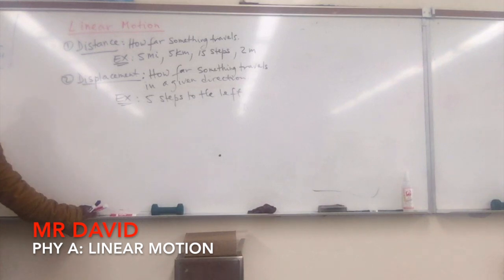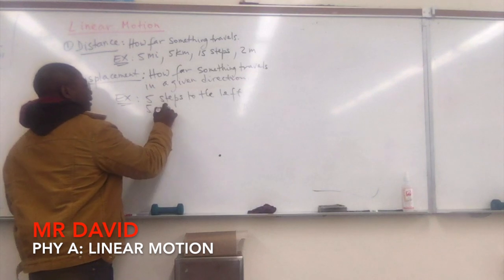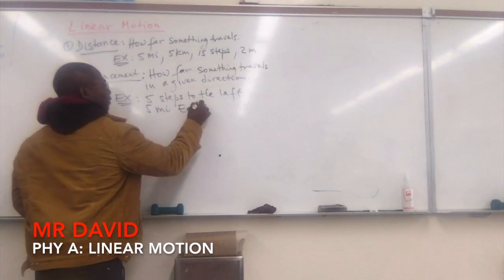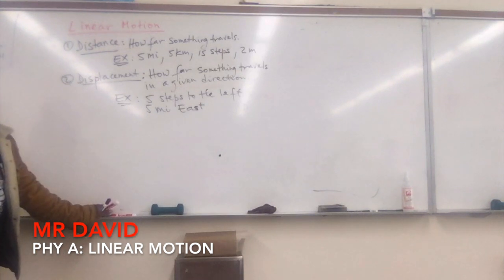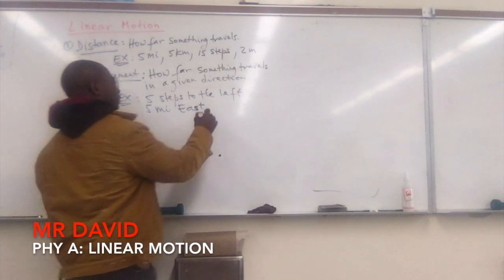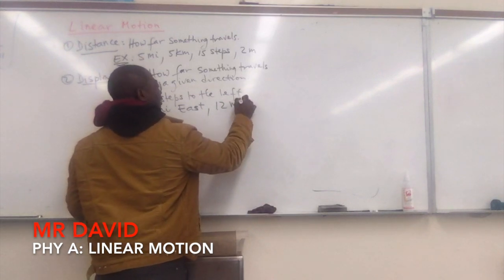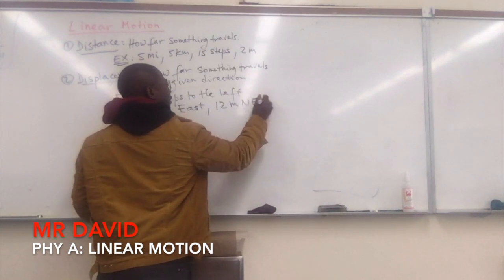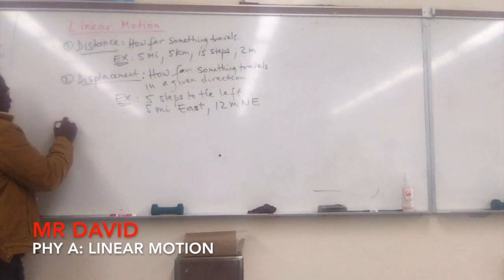Together it becomes a displacement. 5 miles east. 12 meters northeast. See? Has a direction. And I think we only stop at displacement, right?